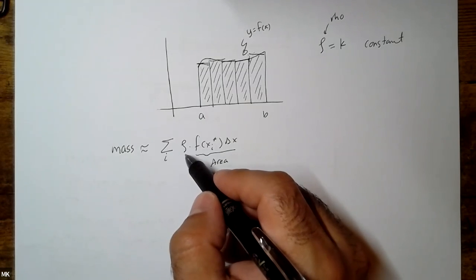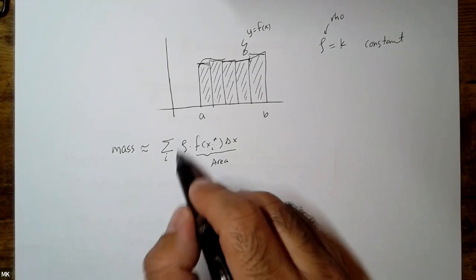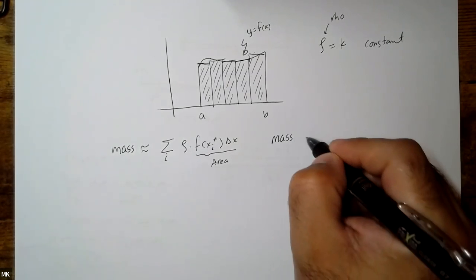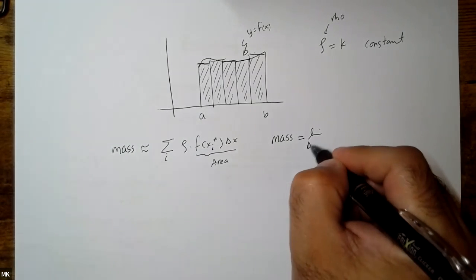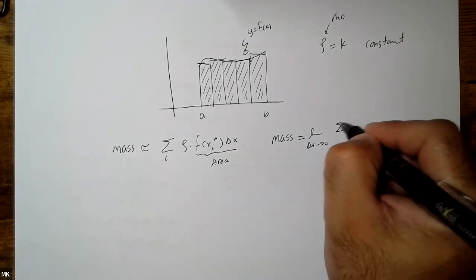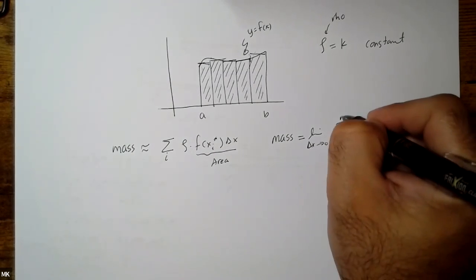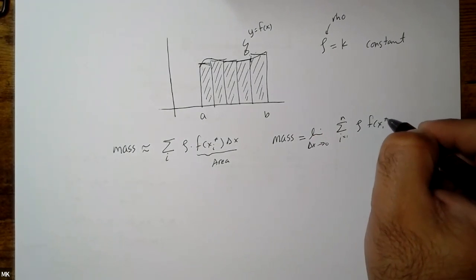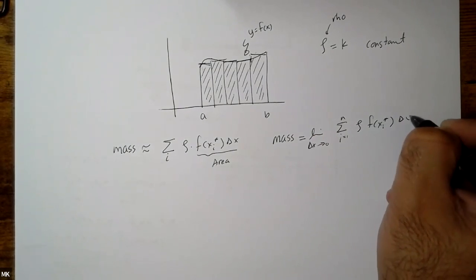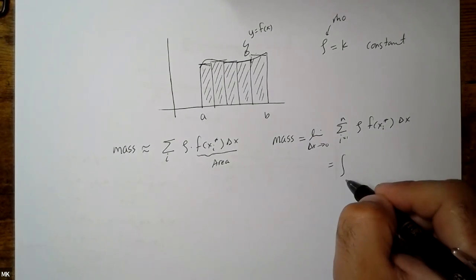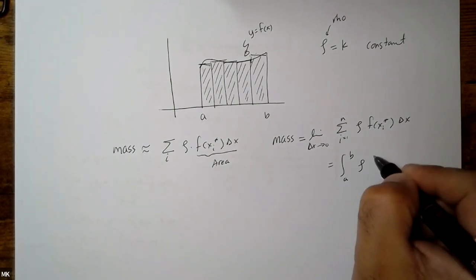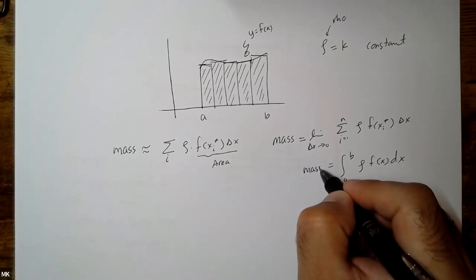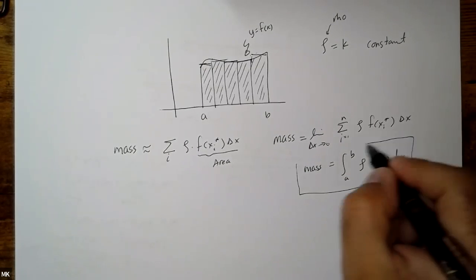Multiply by the density, and you get the mass for each of the rectangles. So the total mass would be exactly the limit as delta x goes to 0 of the sum, i equal to 1 to n, of rho f of xi star delta x, which in integral language will be the integral from a to b of rho f of x dx. That's your mass. Remember that the total mass goes in the denominator.